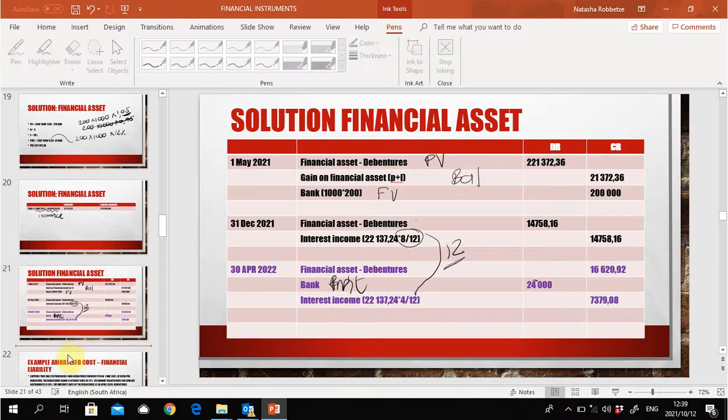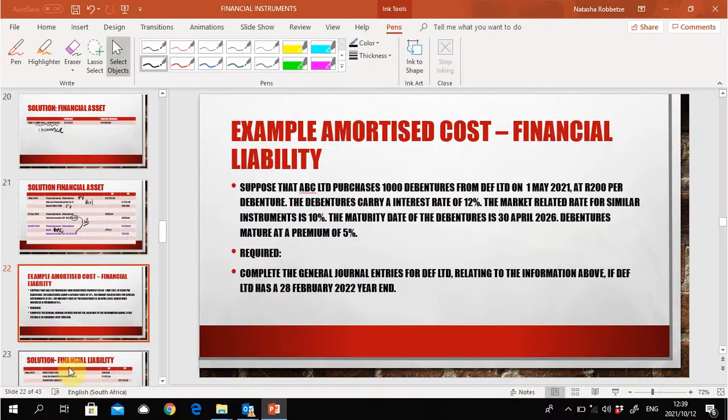Suppose that we have the same example, but now we have to do it from the perspective of DEF Limited, which now makes it a financial liability, because DEF issued this debenture.